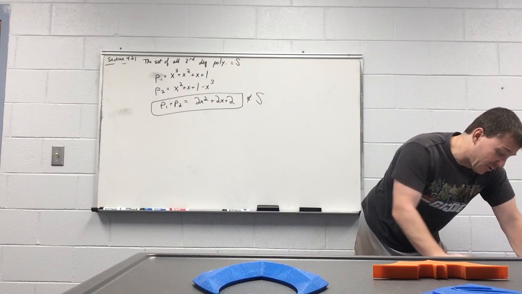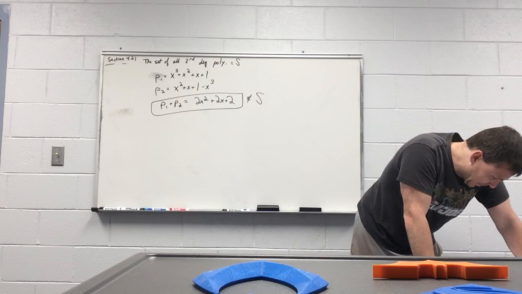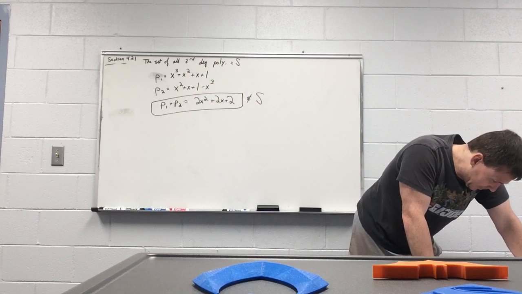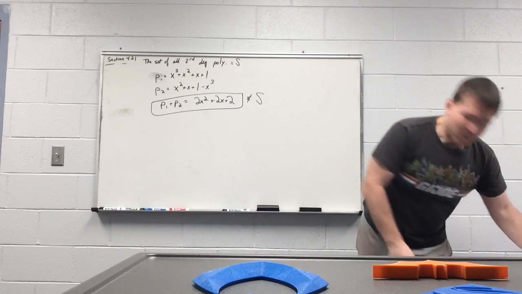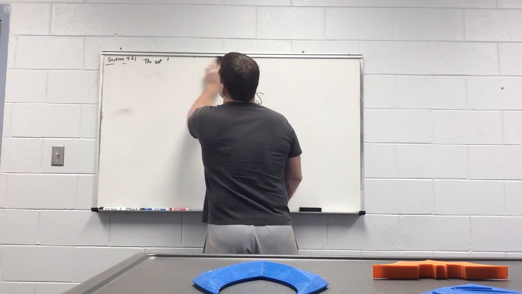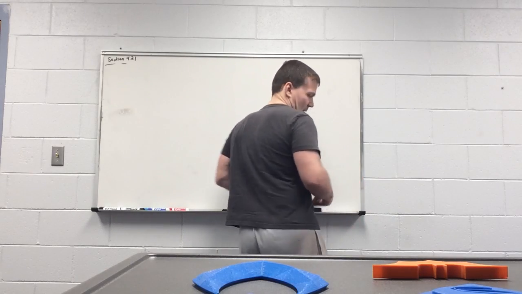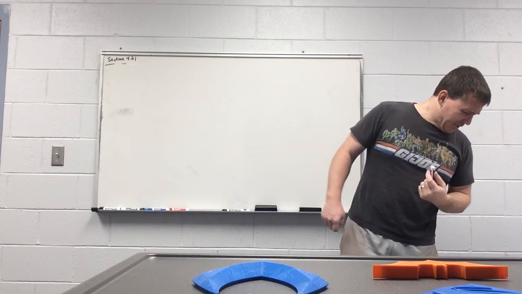The set of all fifth degree polynomials, the exact same, so we'll skip that one and do this one, just because it looks random and weird. Number 21.